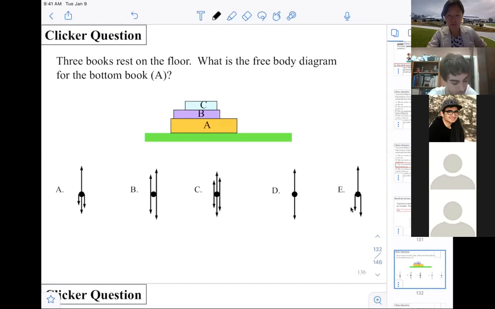And we need 1 upward force at minimum, right? So since we need the 2 downward forces, on A, we need the 2 downward forces and then the normal force from the floor, at least. So I think it's either E or D, but none of them appear to be gravity based on their length.